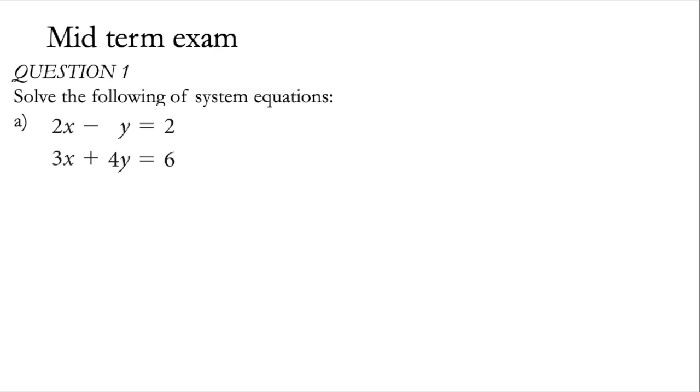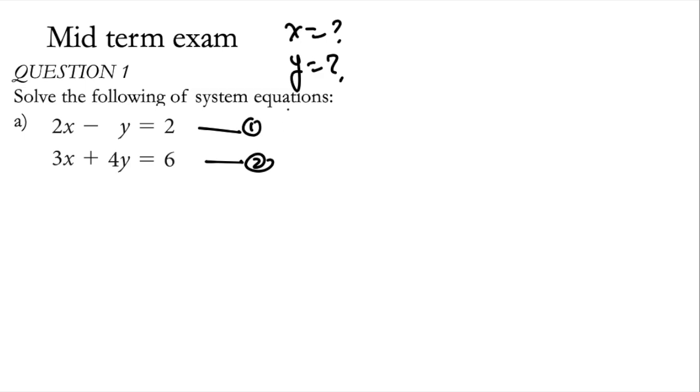I pick question number 1. Solve the following system of equations. If I consider this as equation 1 and this as equation 2, then solve means: what is the value of x, what is the value of y. Now I'm going to show you how to do it.